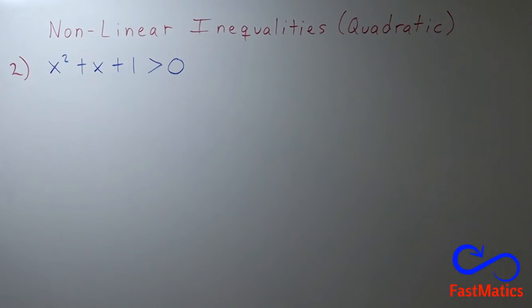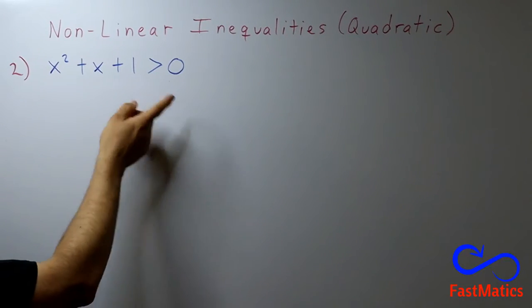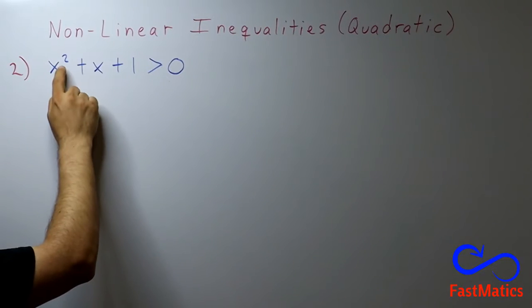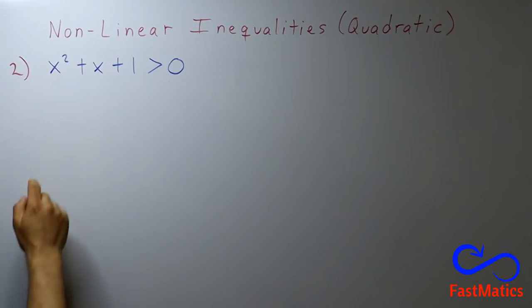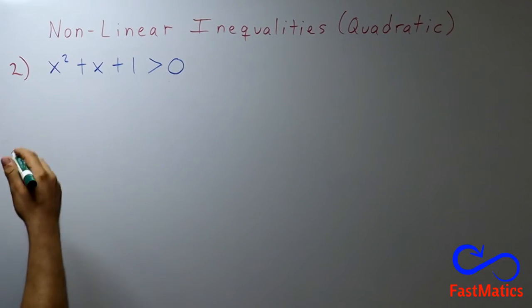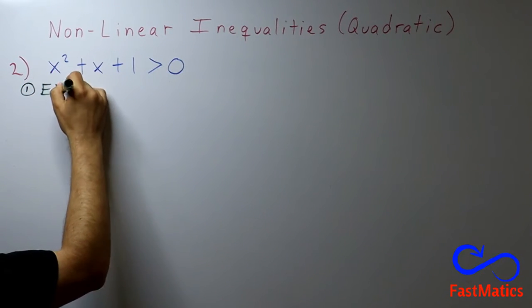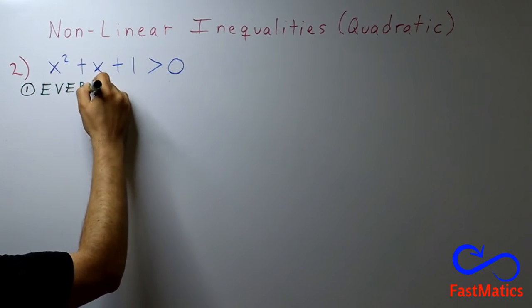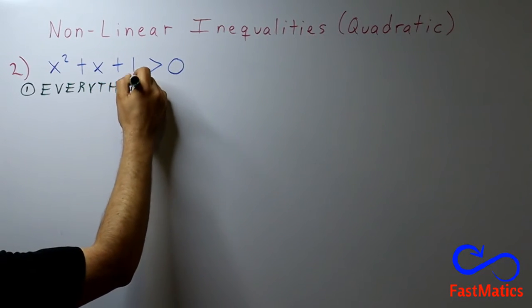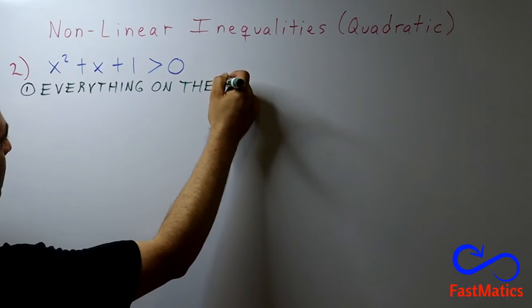Follow me please. First of all, we identify that we have an inequality, and it is a nonlinear inequality because the exponent is 2. So we follow the steps. First of all, everything on the left side.